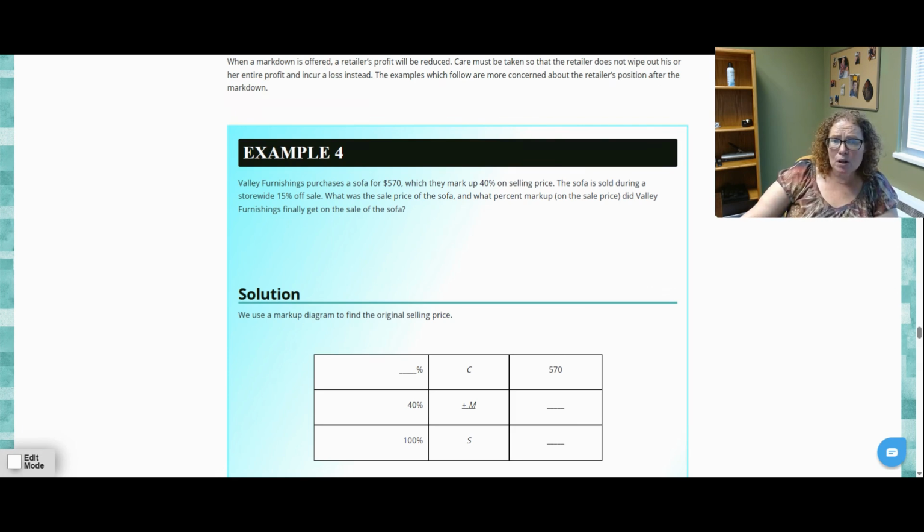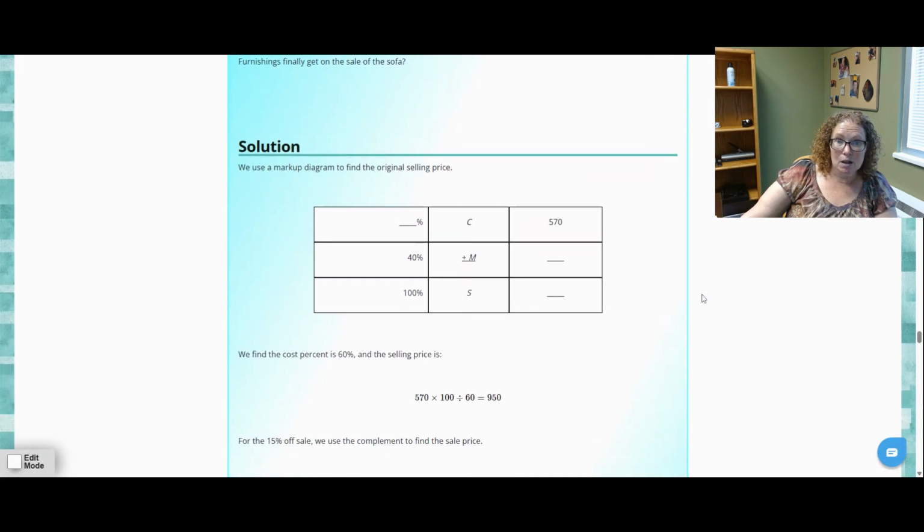So example 4, Valley Furnishings purchases a sofa for $570. They mark up 40% on the selling price. Then there's a store-wide sale of 15%. So we want to know the sale price of the sofa and the percent markup on the sale price that they finally got for the sale of their sofas.